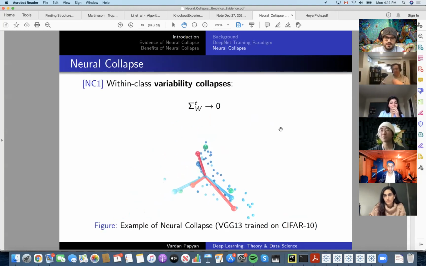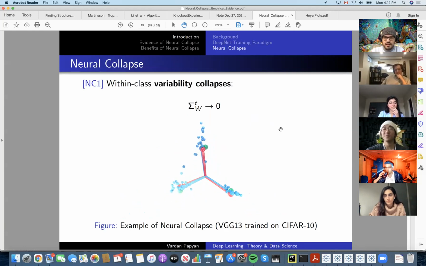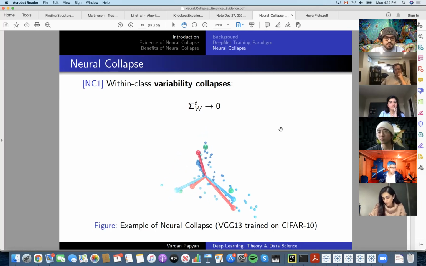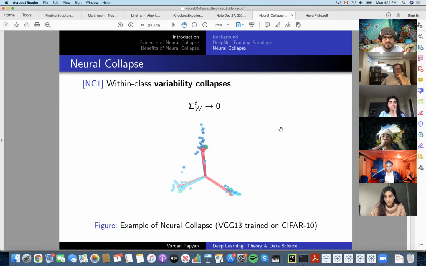And then we saw this animation that showed a convergent process, which we called neural collapse. In this convergent process, you can see how the within class variability tends to 0 as the small blue spheres tend to the large blue spheres.